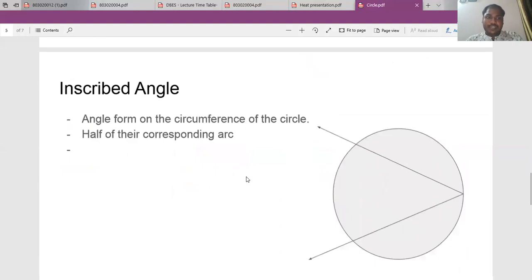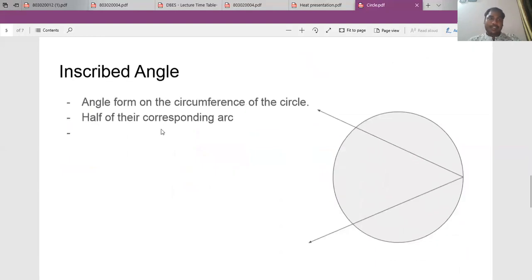Now we will move to the inscribed angle topic. So try to understand the inscribed angle. Before that, we will give names to these points. Let's say this is A, this one is B, and let's say this is C. I hope all three points are clear.